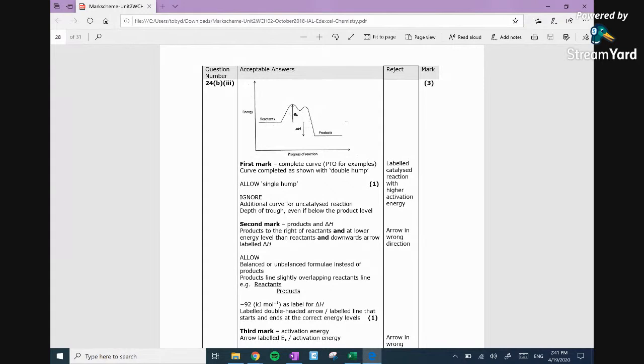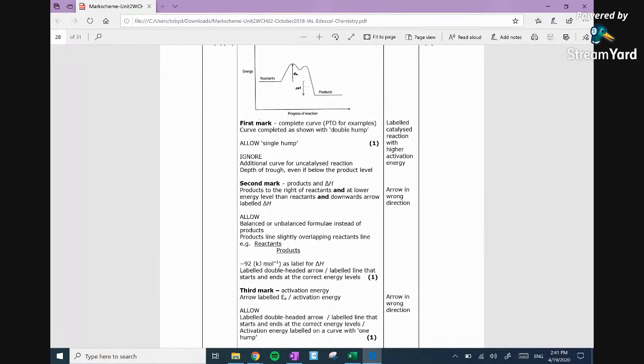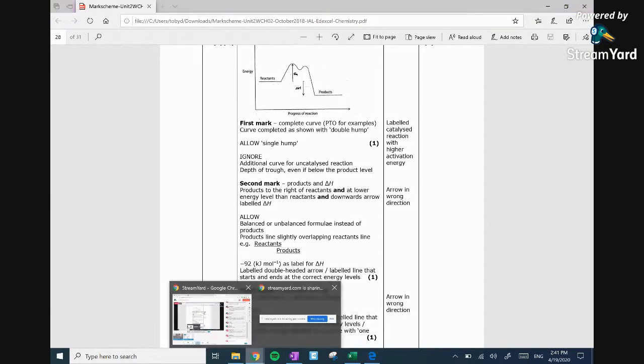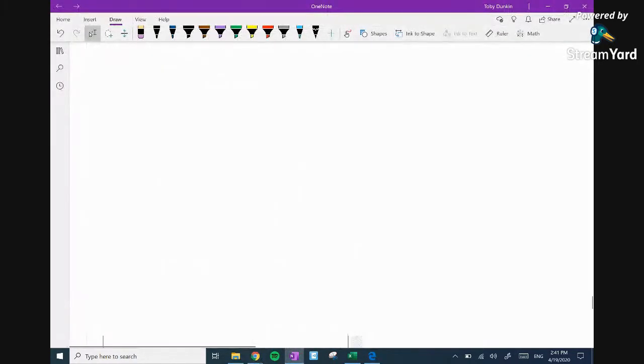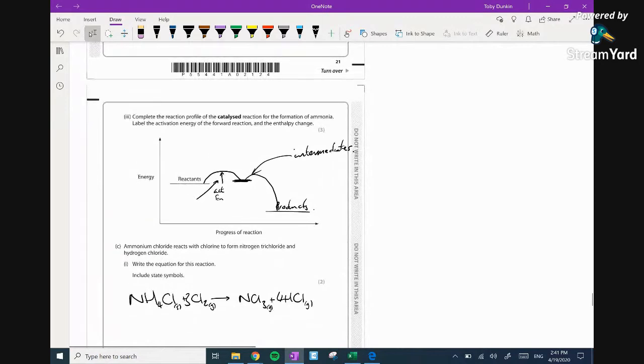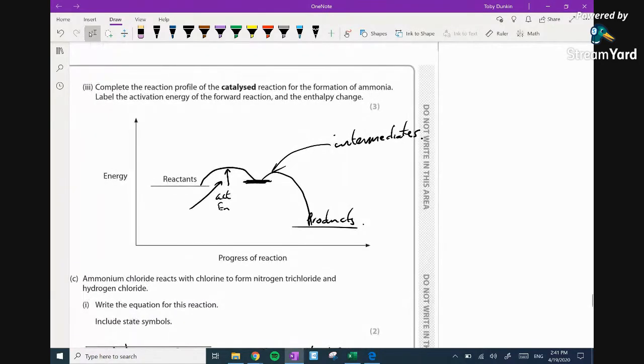Fine. Oh, I missed the enthalpy bit. Was I meant to label the enthalpy change as well? I knew I'd missed something. There you go, I'm not infallible. It says label the activation energy and the enthalpy change. There's the enthalpy change, delta H. Easy miss.